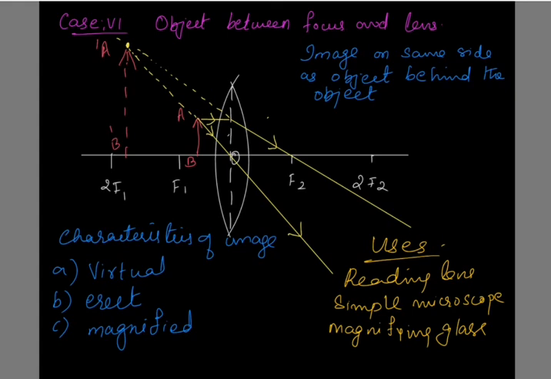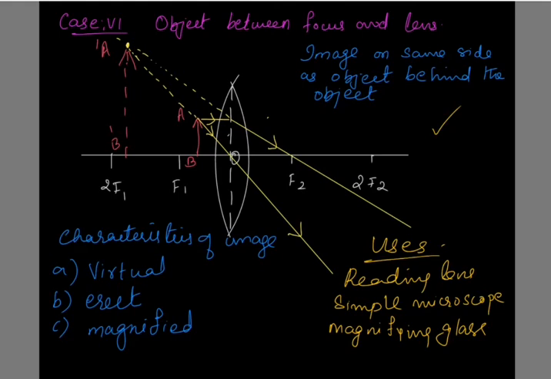So we have seen all the ray diagram construction of different position of object for the convex lens. 6 cases are there. Only one case, that is this last case, is giving us a virtual image. All the other cases are giving real image, and we found how the size of the image is differing with respect to object in all the cases, and also we have seen the uses.